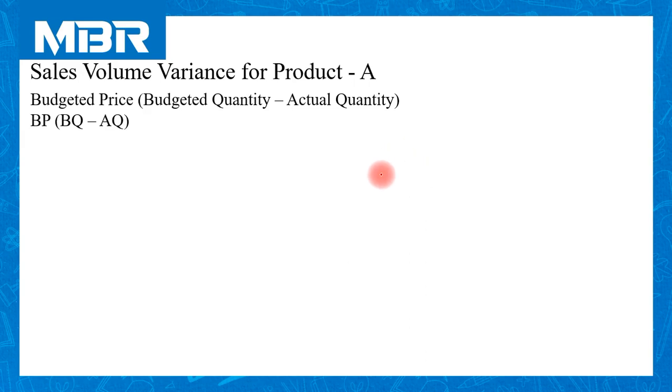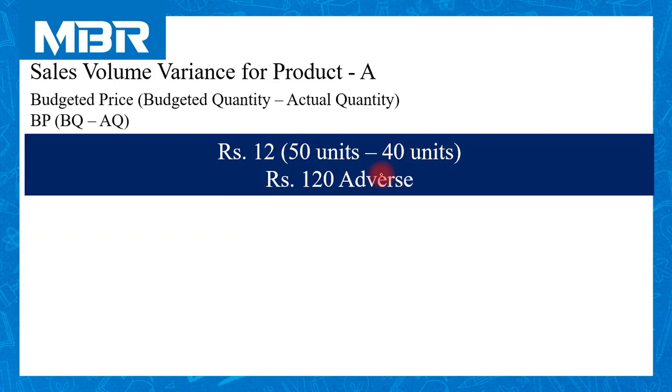Simply insert all the values in the formula and you will get your answer. 12 rupees budgeted price, budgeted quantity as given in the question 50 units, and the actual quantity we calculated earlier, 40 units. As compared to budgeted sales units, actual sales units go down. When units of sales go down, it affects your profit negatively. So this variance is 120 adverse.